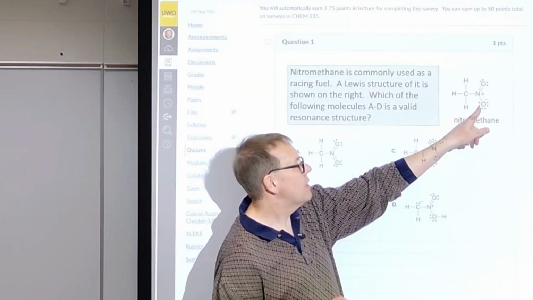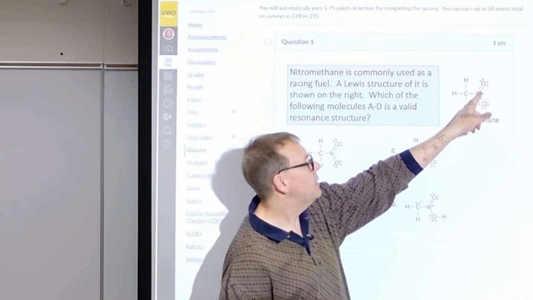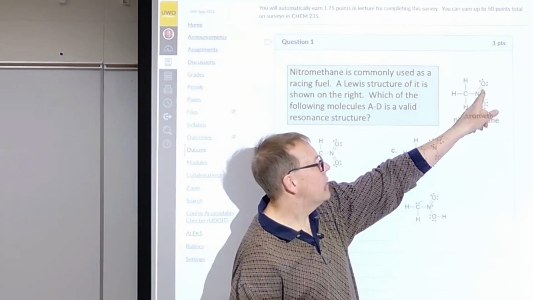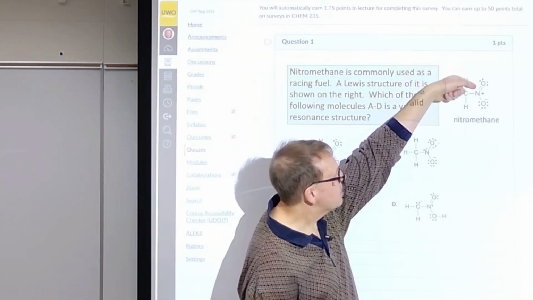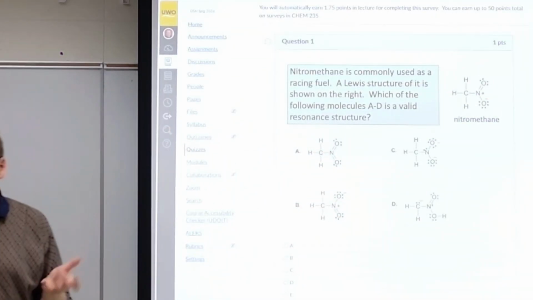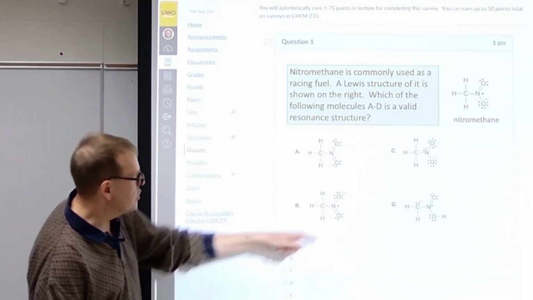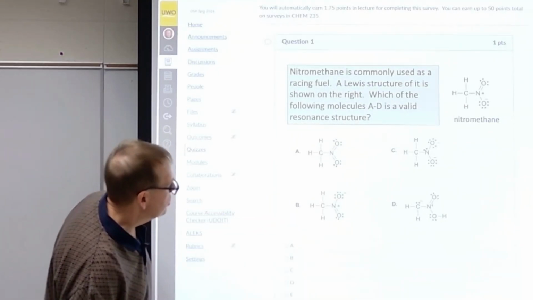Take a pair of electrons off this oxygen, push them in to form a new nitrogen-oxygen double bond, and then take one of the electron pairs out of the other nitrogen-oxygen double bond and give them to the top oxygen. So really, this is the 2 oxygens sharing the negative charge. That would give you resonance structure B, as is shown here.